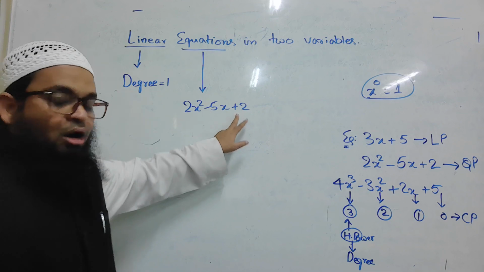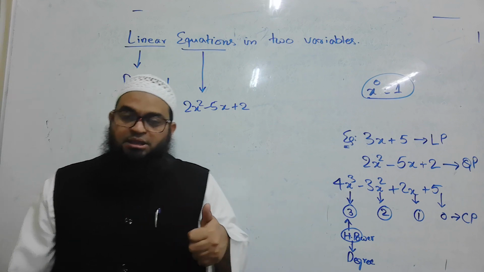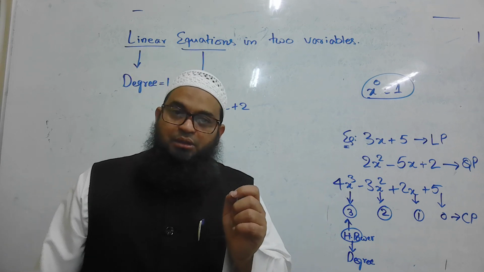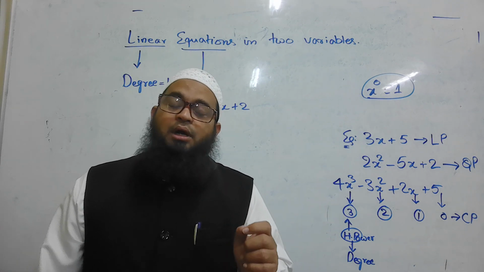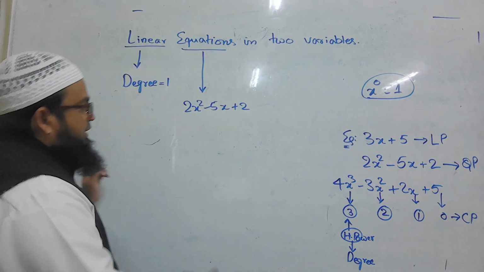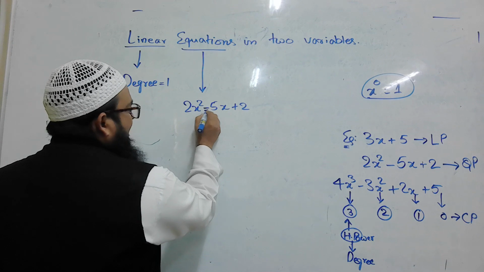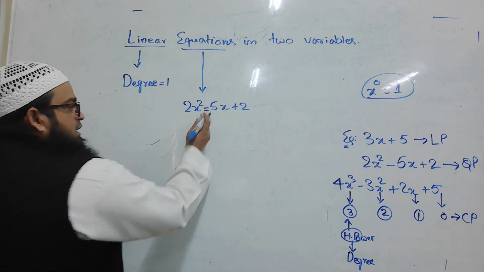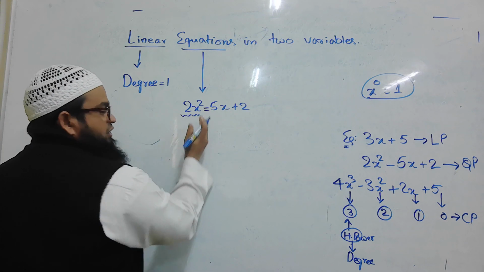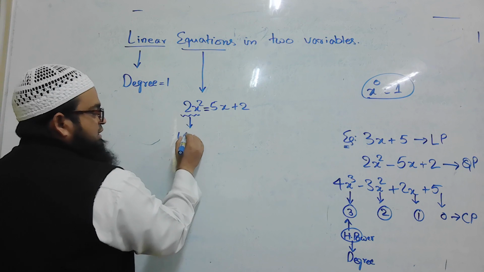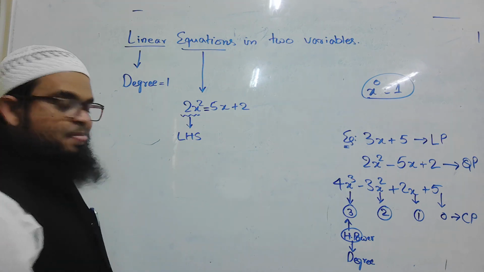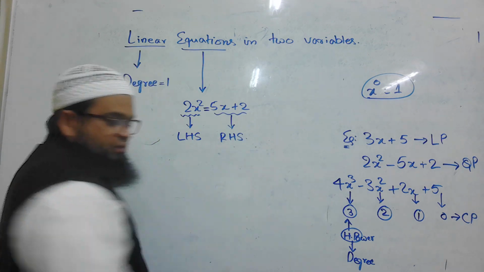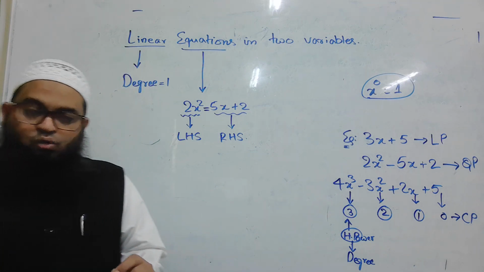Along with these operations, if you have an equal to sign in the expression, then it is called an equation. You have studied it last year. The expression on the left hand side of the equal to sign is called LHS, left hand side, and the one on the right hand side is called RHS. Is it right? Okay, now understood what is an equation.